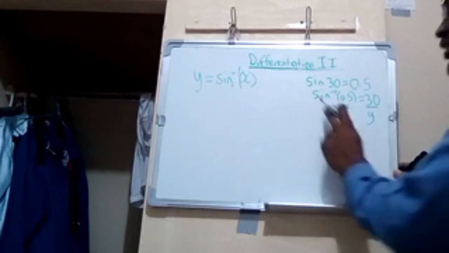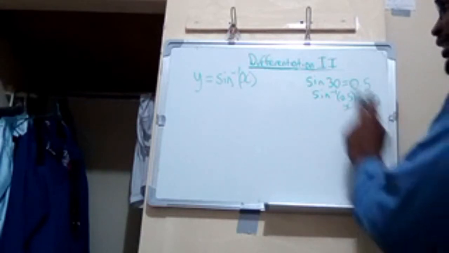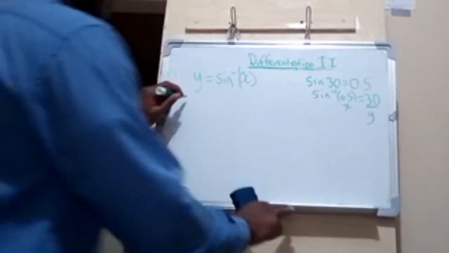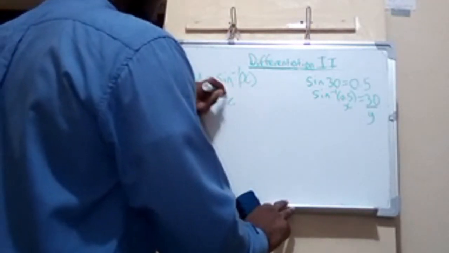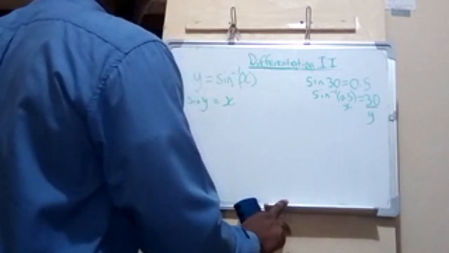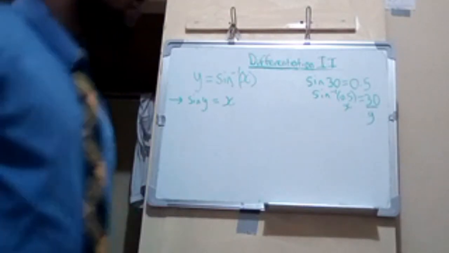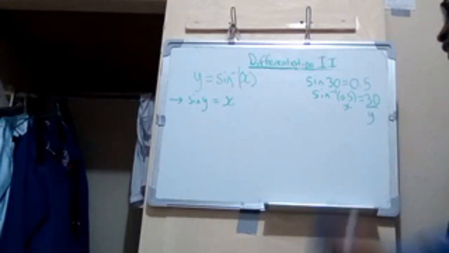Then what we're saying is if sine inverse of x equals y, then sine y equals x. So this implies the sine of y is equal to x.